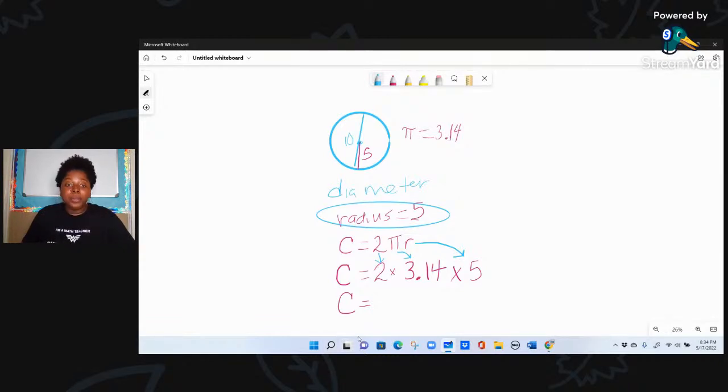Now, if you can use a calculator, you can just plug it right in. If you can't use a calculator, then just do it by hand. It's fine. So 3.14. And here's a little trick I like to do. If it confuses you, then just ignore me. Tell me what's 2 times 5.